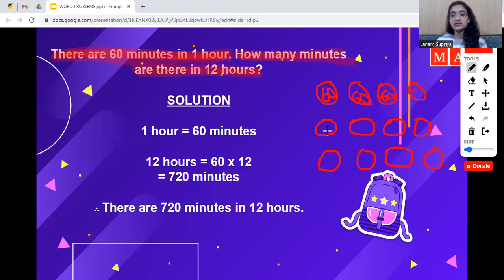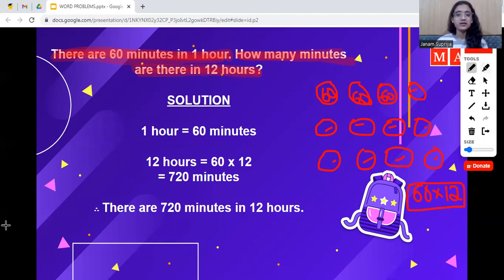So to find the total number of minutes in 12 hours, we need to add 60 minutes 12 times, right? So instead of doing that, we will just multiply 60 with 12.